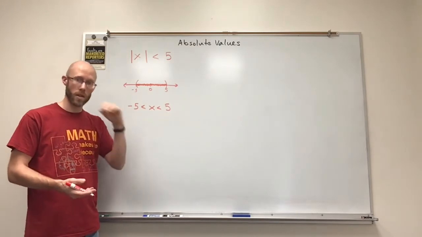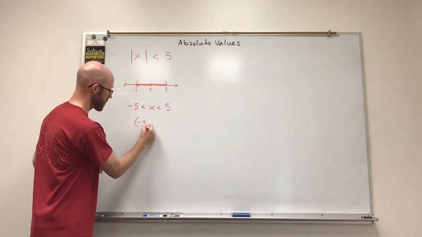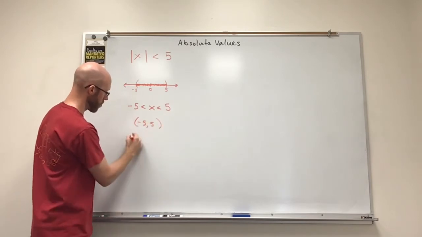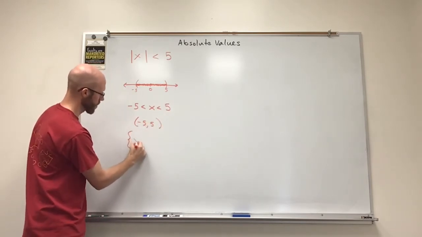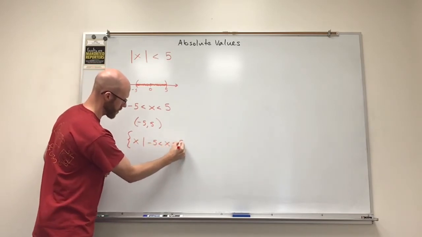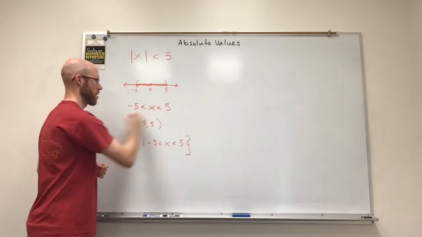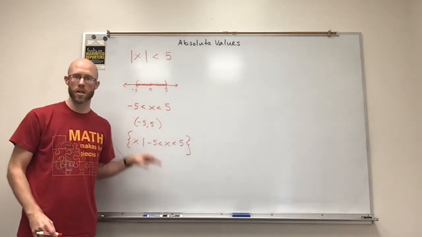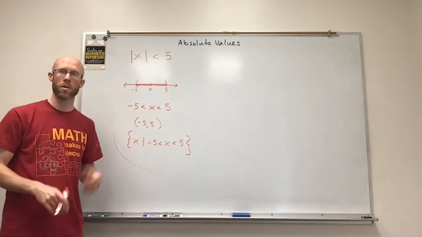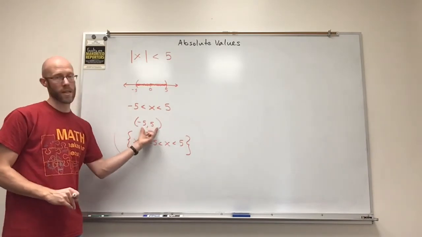The solution then could be written in two different ways, either as an interval from -5 to 5 or as a solution set x such that -5 is less than x is less than 5. So either of these two representations, the interval or the solution set, will be correct, although I believe my math lab is interested in the interval.